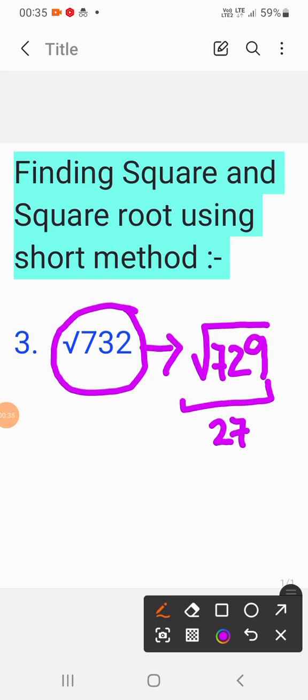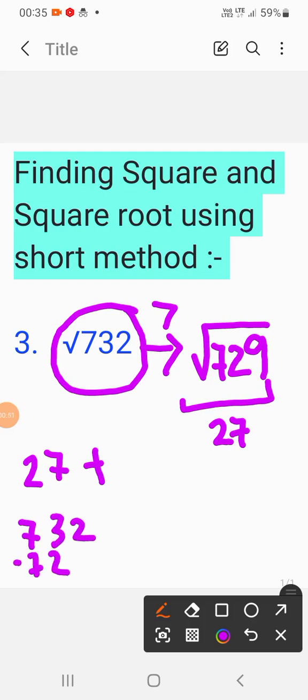Now since this 732 is greater than 729, we will write 27 and then addition sign, and now we will subtract 732 minus 729, which would be 3.